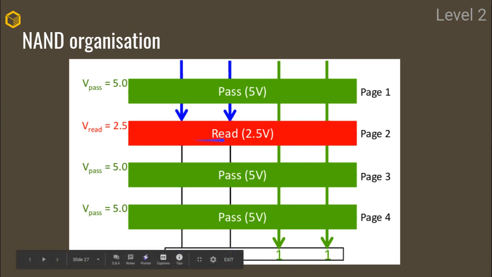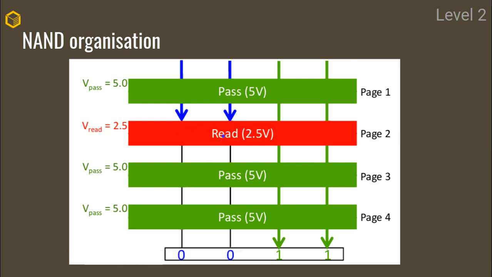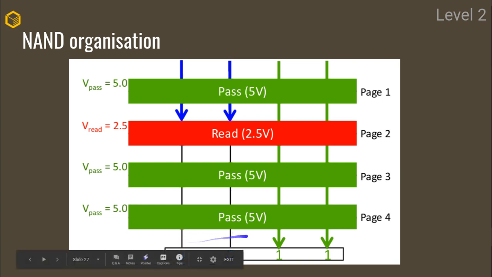And if this one results in the bit cells being closed, then they will simply not allow the flow of charges to the next bit cells. That way, when I get all the way down here to my buffer, I can actually read the value that was stored on that page.